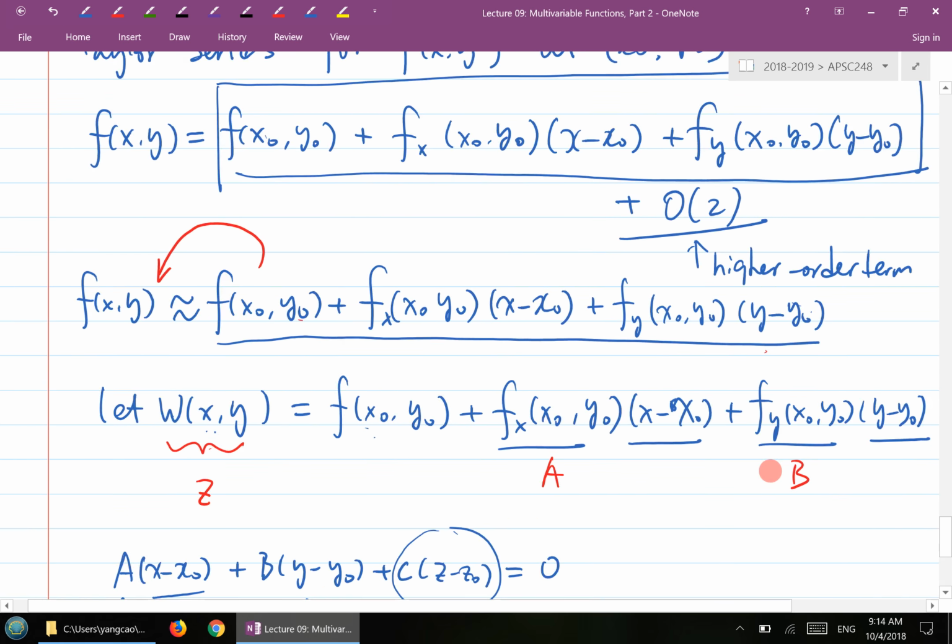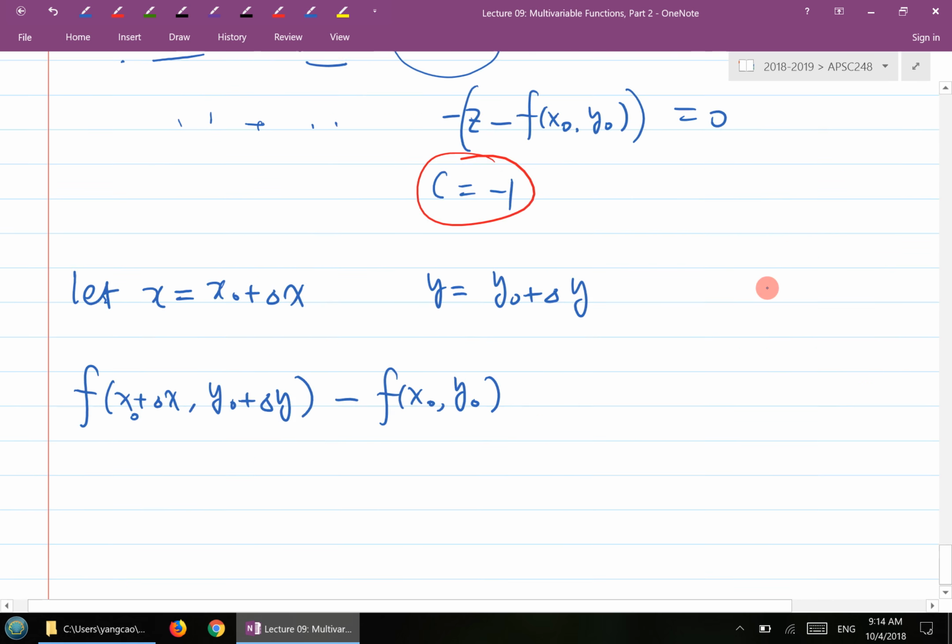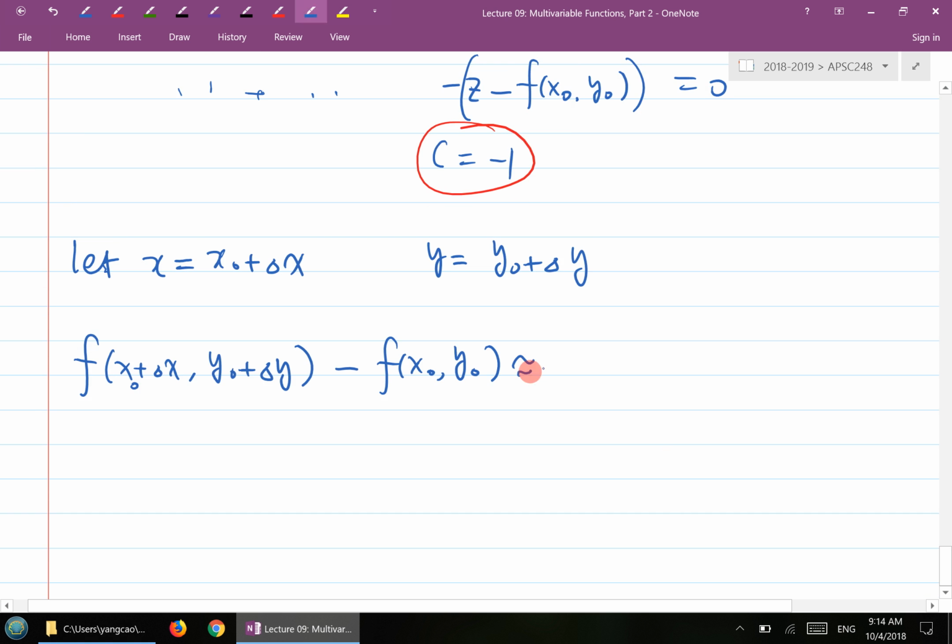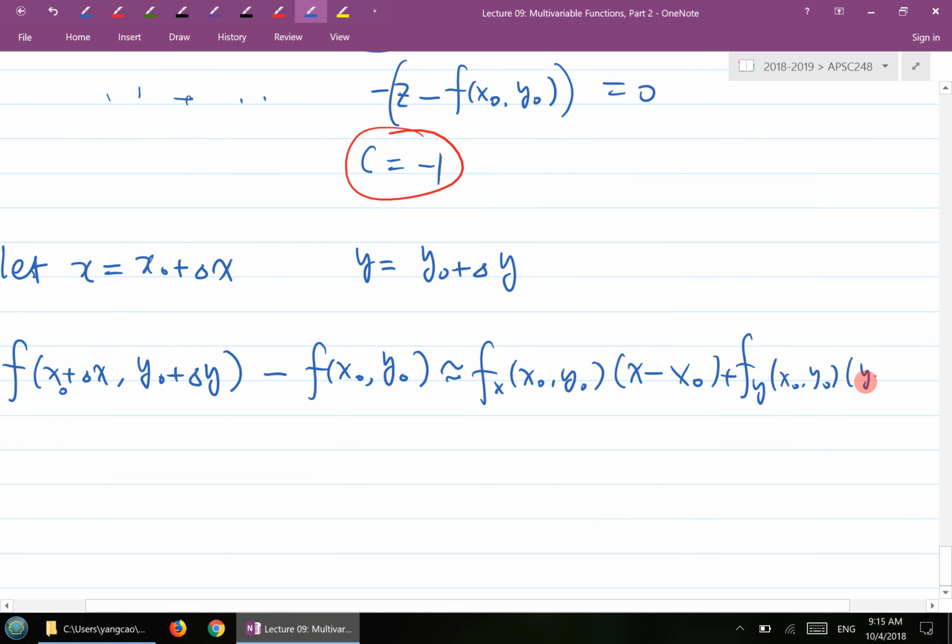So basically we're moving this term to the left side. And then it's approximately equal to these two terms: f(x₀, y₀)... fx(x₀, y₀)(x − x₀) and fy(x₀, y₀)(y − y₀).